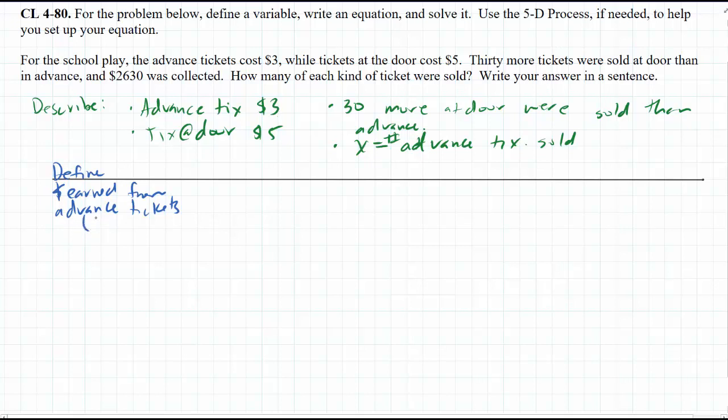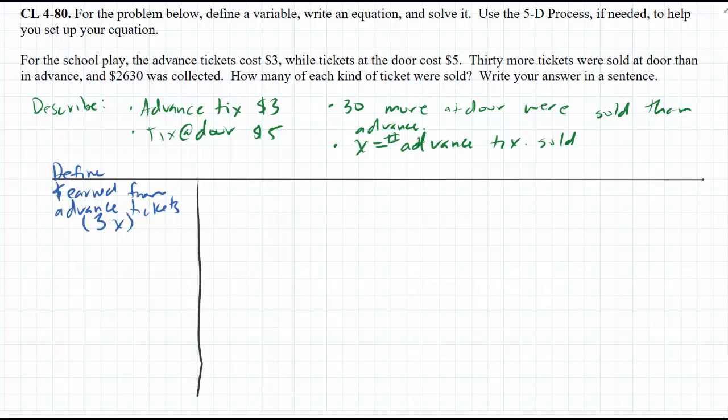So that's X times 3, or we could say 3X. Let me go over that one more time to make sure we're not confused. The amount of money earned from the advance tickets is the number of advance tickets we sold, which is X, times 3, because each of them is $3.